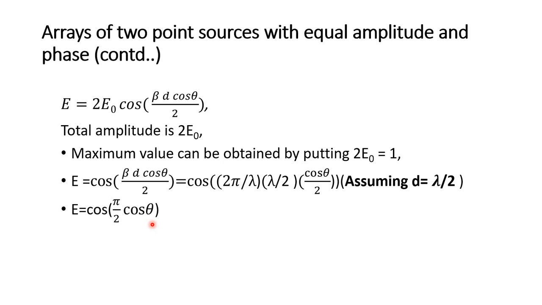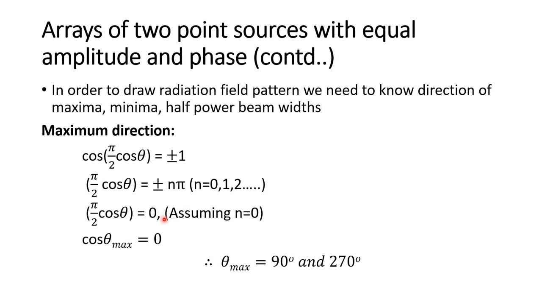So the maximum value will be equal to plus or minus 1. So we have cos of pi by 2 cos theta is equal to plus or minus 1. Taking cos to the right hand side, pi by 2 cos theta is cos inverse of 1. Generally we can write it as plus or minus n pi. N can take values 0, 1, 2, etc.